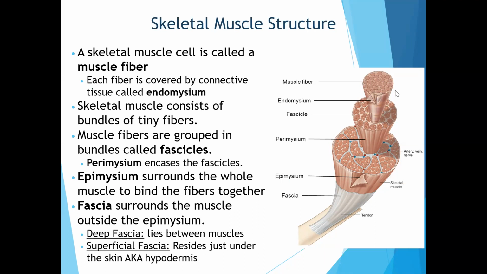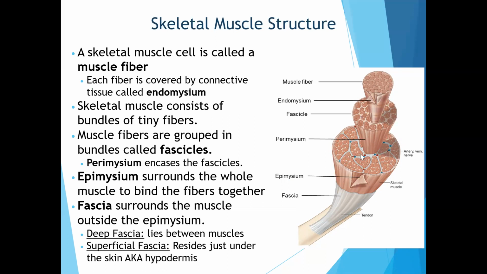These fibers group up, a bundle of them, and these groups are known as fascicles. This middle picture here is a fascicle, and it's held together with perimysium. The perimysium is the outer covering of the fascicle. These fascicles then form groups, and they're surrounded by the epimysium.